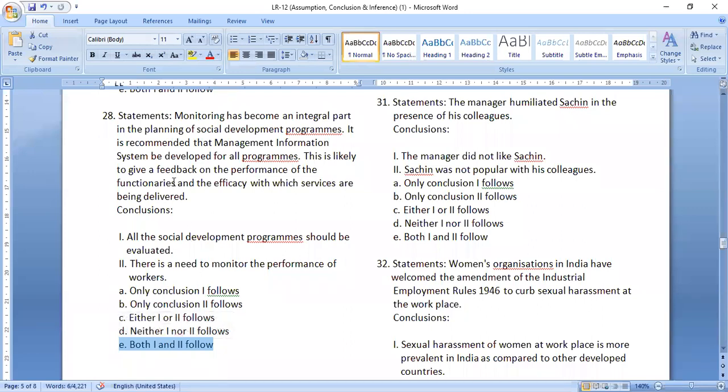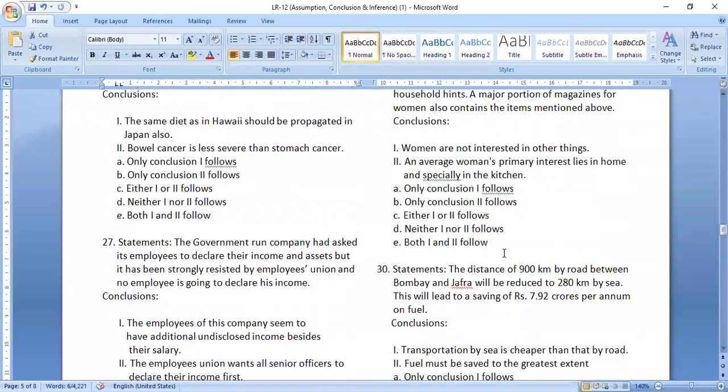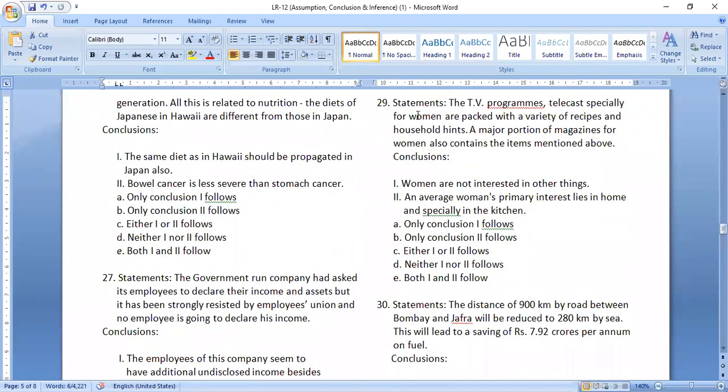Because a functionary is an official, somebody who has a function. Okay, let's see. So I think that the answer is E. They're both true. Okay.